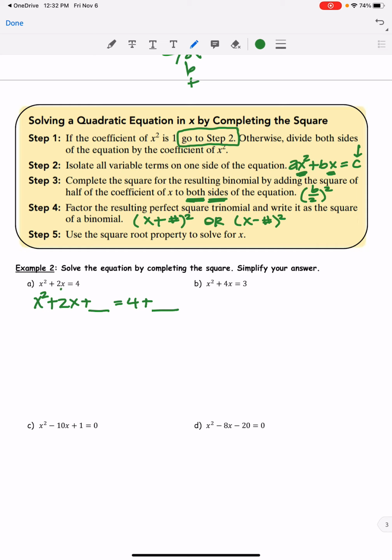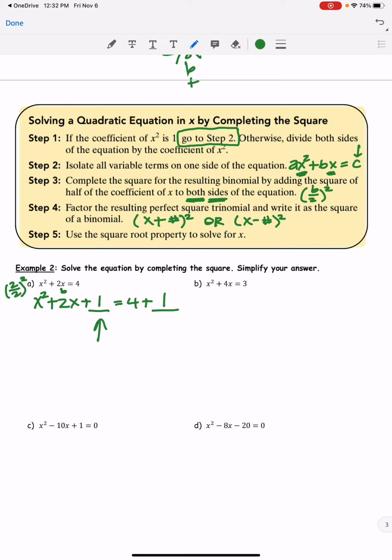In this problem here, my b is 2. So I've got 2 divided by 2 quantity squared. That's this portion right here. This tells me what to add. So 2 divided by 2 is 1. 1 squared is 1. So I'm adding 1 to both sides of the equation. You've got to keep your equation balanced. So then step 4, factor.